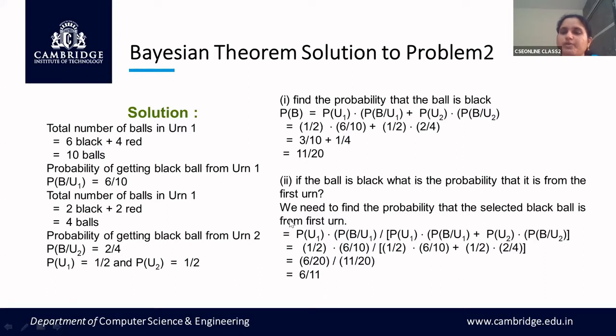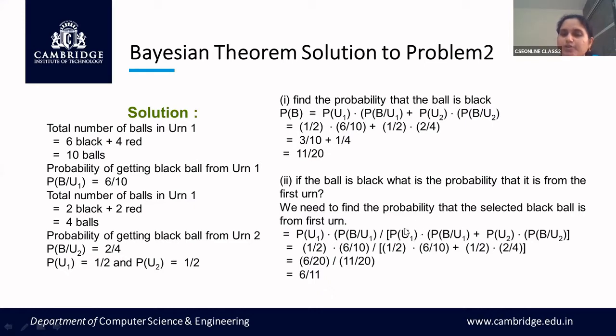You have to calculate. So this can be calculated as the probability of U1 with respect to, see, this is your Bayes theorem, right? Where you are saying what is the probability of a black ball with respect to urn 1 divided by probability of urn 1 plus probability of urn 2.